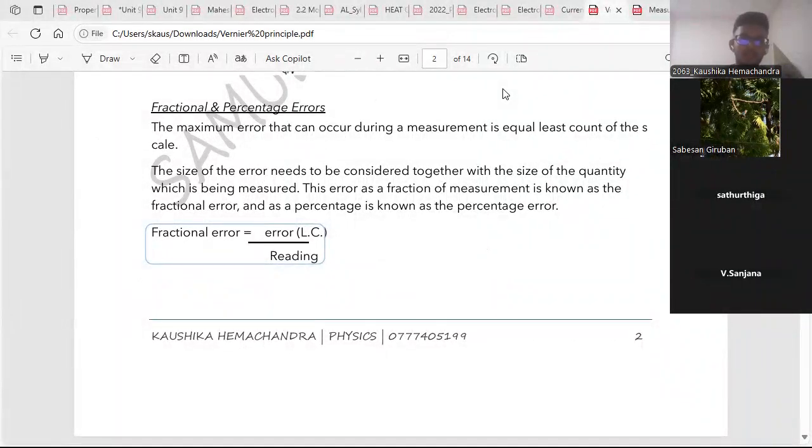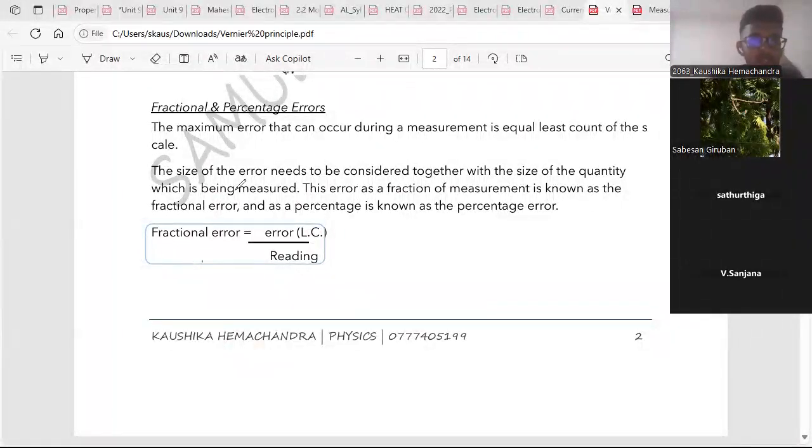That's the last type of error that we have to learn before we go on to the least count principle. Those are fractional and percentage errors. It's kind of a mathematical thing. Random errors and systematic errors didn't need any calculations, but we will have to do calculations in fractional and percentage errors.